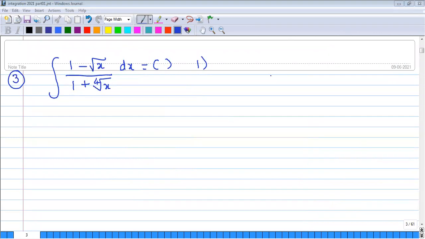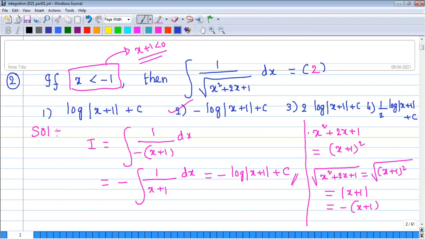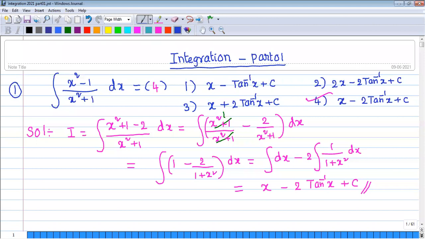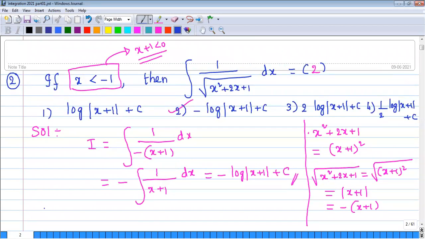Sir, problem number 1, sir. Sir, wait a minute, sir, please. Show previous page, sir. Would you show previous?